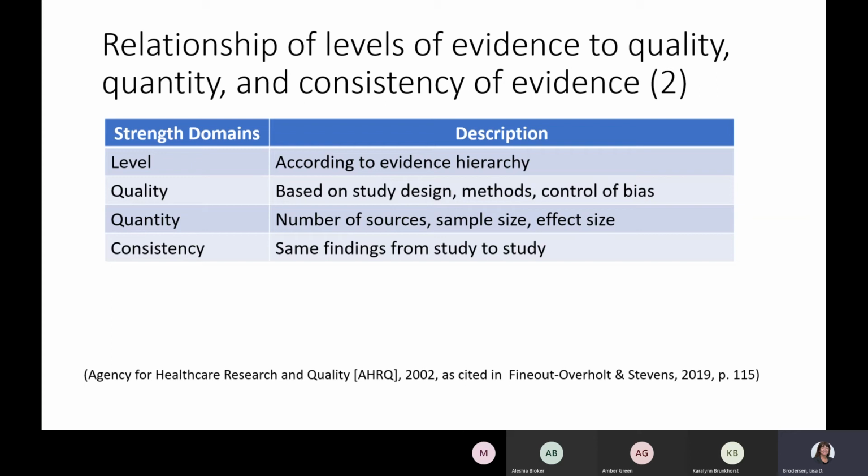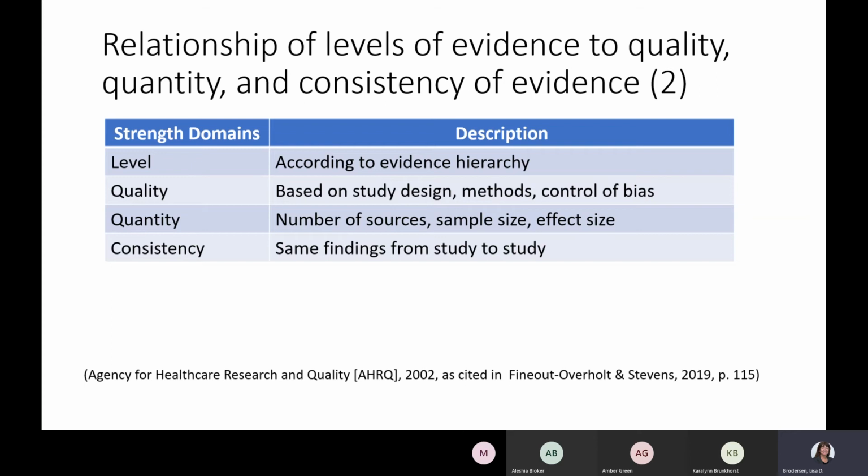Then the quantity of evidence refers to the number of sources of evidence that answer the PICO question. So regarding research evidence, the quantity of evidence is also evaluated based on the number of study participants and how effective the treatment was. So quantity refers to several things when you're looking at the relationship of levels of evidence to quality, quantity, and consistency of evidence.